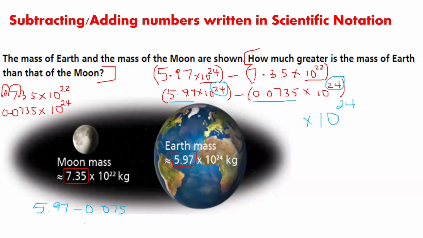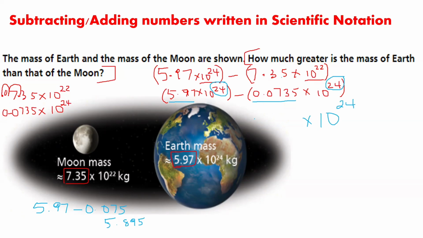When we subtract that, we are going to get 5.895. Your answer must be in scientific notation, especially if the instruction says to write your answer as scientific notation.